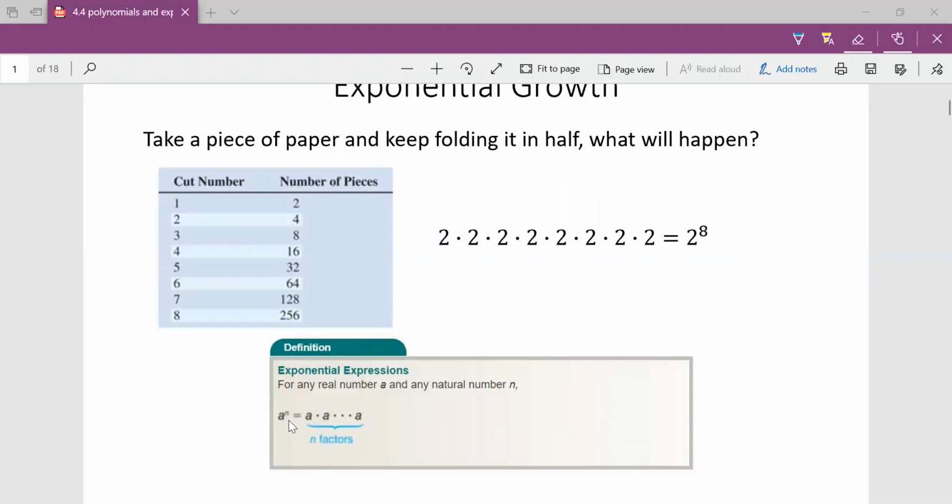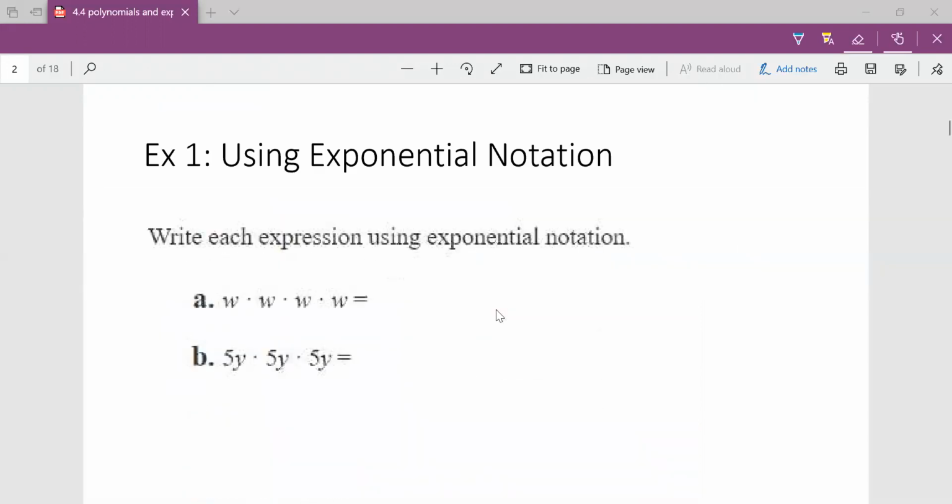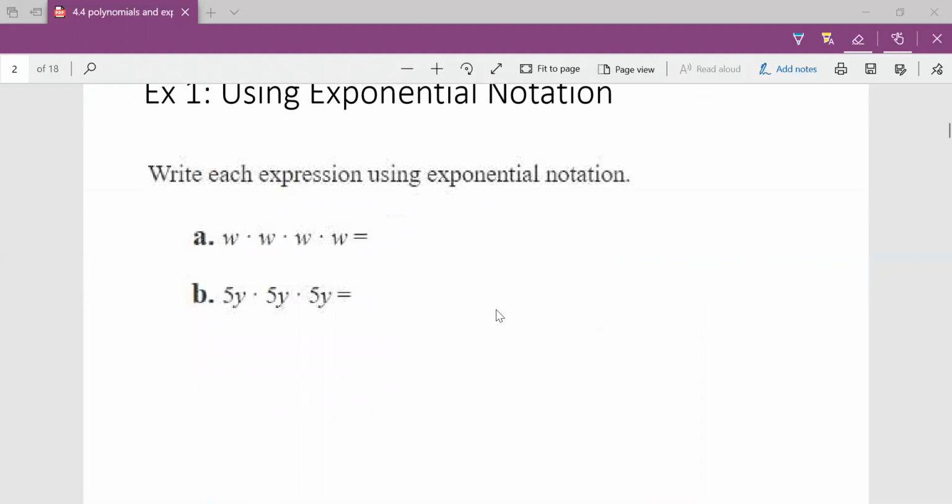So a to some power is equal to that same number of a's. If I have 8 2's, then it's 2 to the 8th power. All right, so let's write some exponential notations down. Here are 2 examples. w times w times w times w would be w to the 4th power, right?